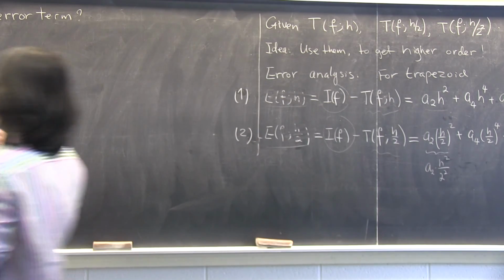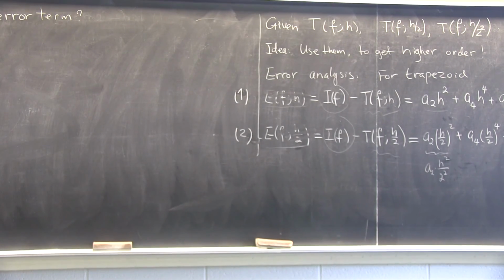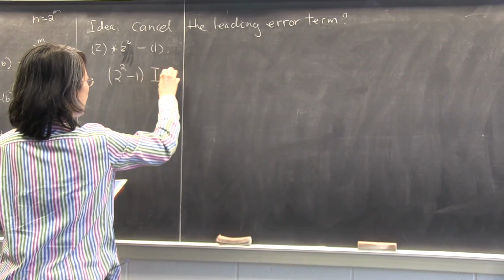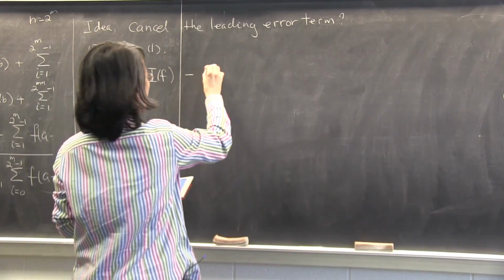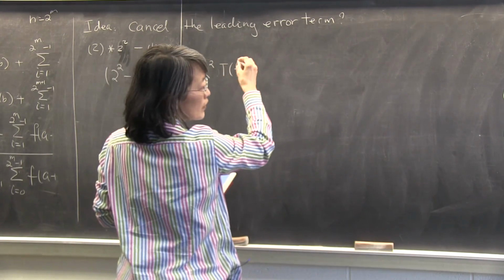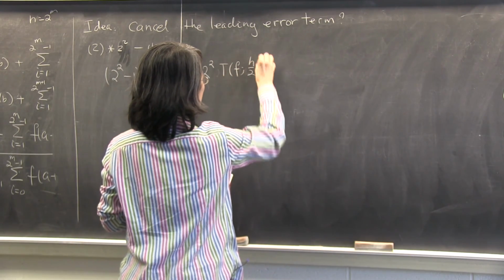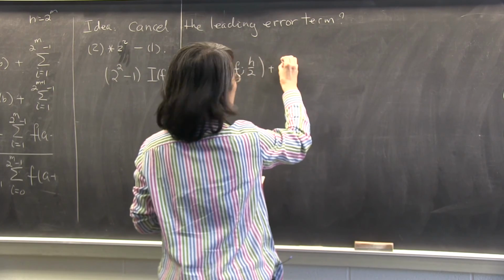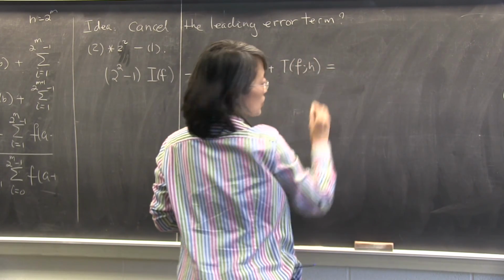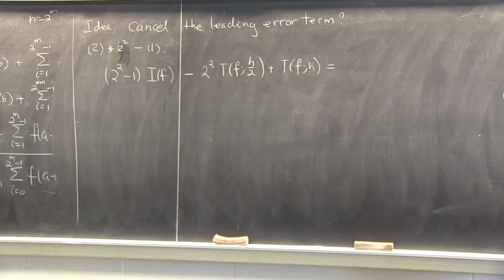What I will have will be (2 squared minus 1) times I of f minus (2 squared T_f(h/2) minus T_f(h)) equals 2. I know the first terms will cancel each other, these two terms, because of the way I manipulate. And what happened to this term?